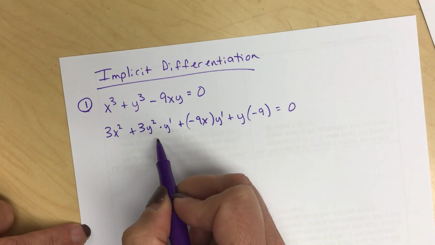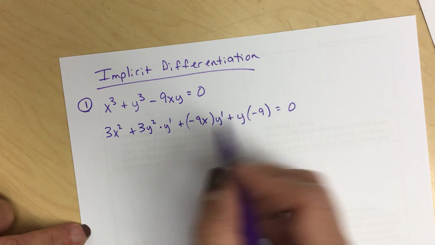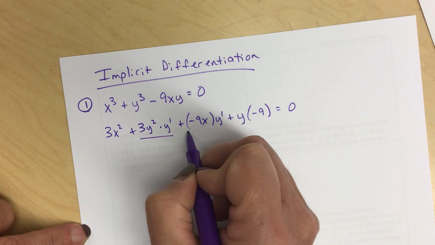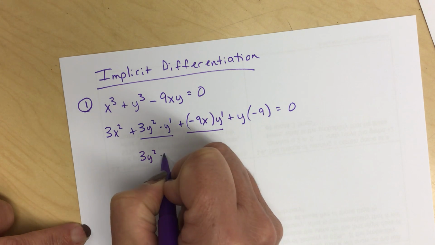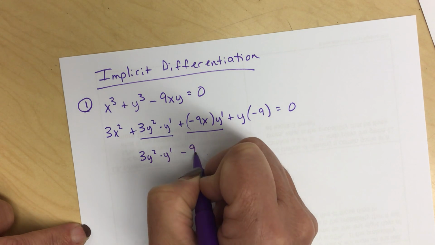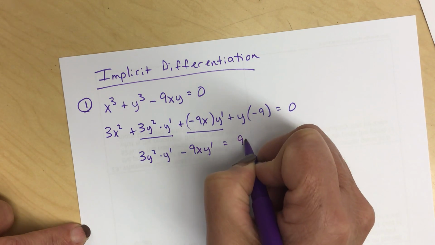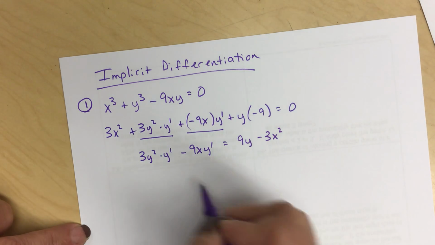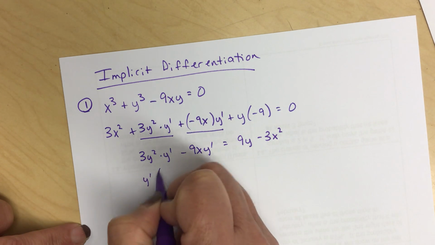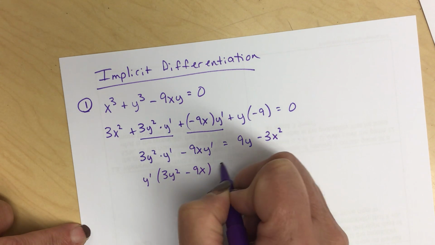Then you want to get your y primes alone because we're still trying to solve for y prime. So I want to have this and this on the left side. So 3y squared times y prime minus 9x times y prime equals a positive 9y minus 3x squared. Now I'm going to factor out a y prime, leaving me with 3y squared minus 9x.